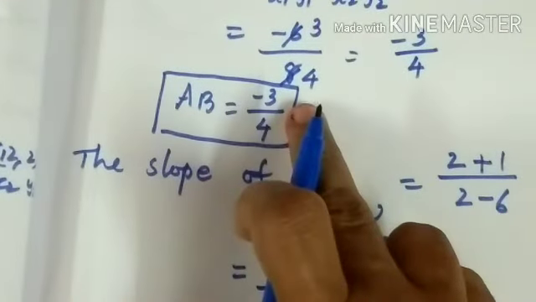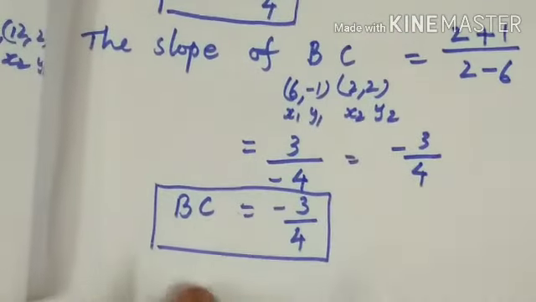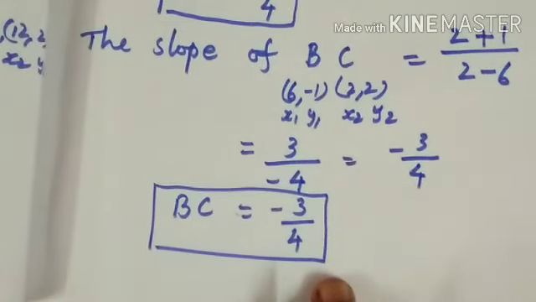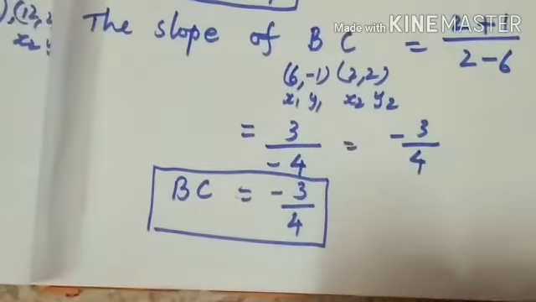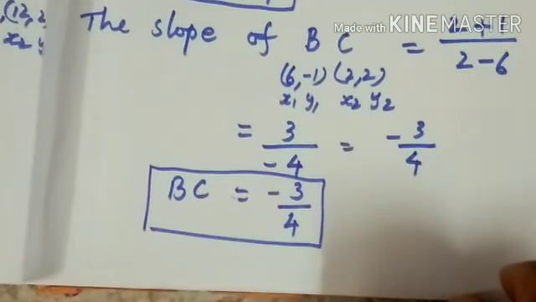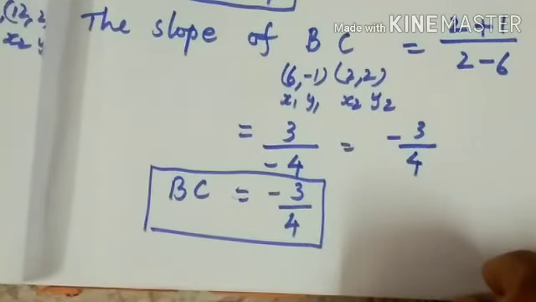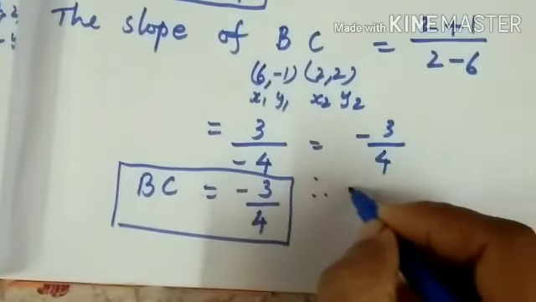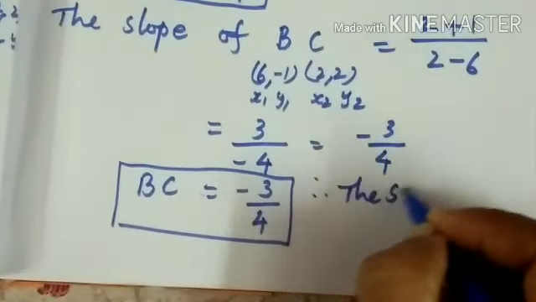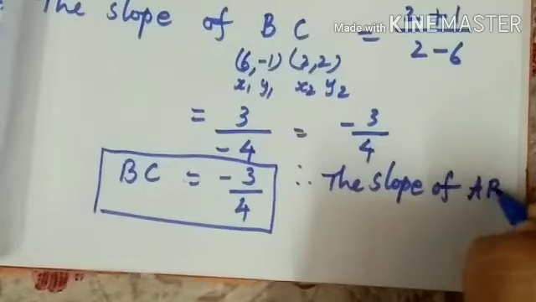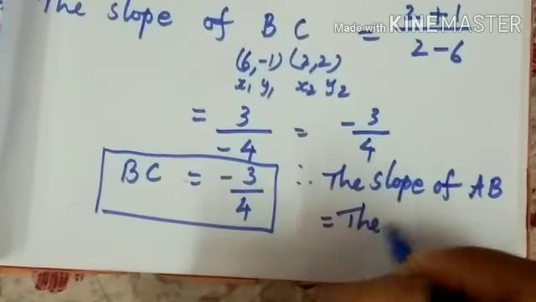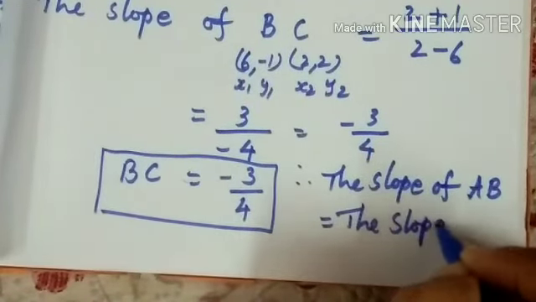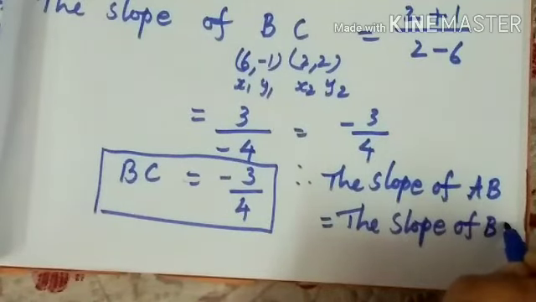See, the slope of AB minus 3 by 4 and the slope of BC also minus 3 by 4. Therefore, both the slopes are equal. Hence, the given points are collinear. Therefore, the slope of AB is equal to the slope of BC.